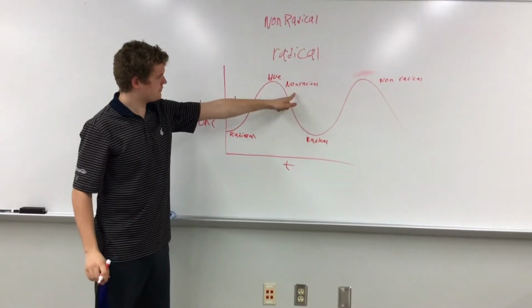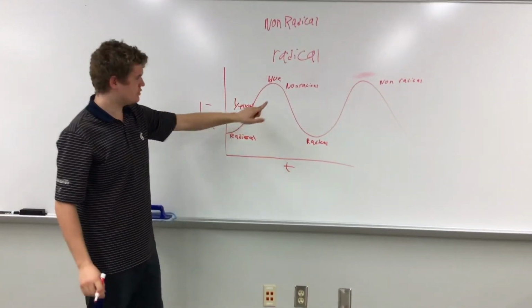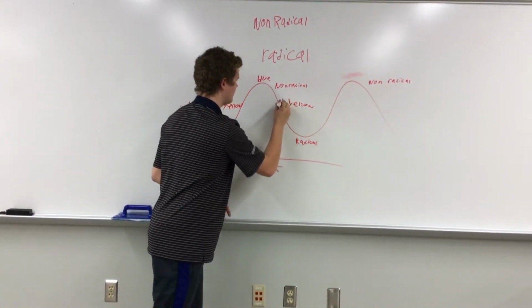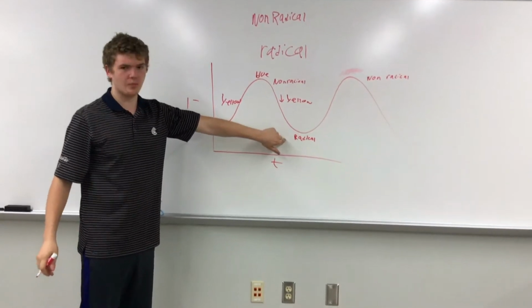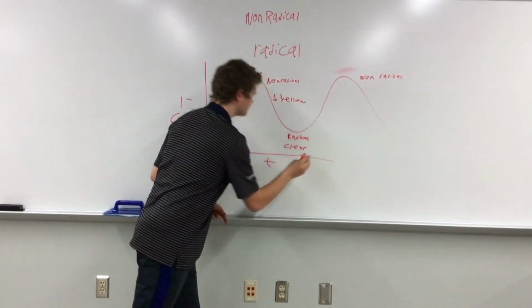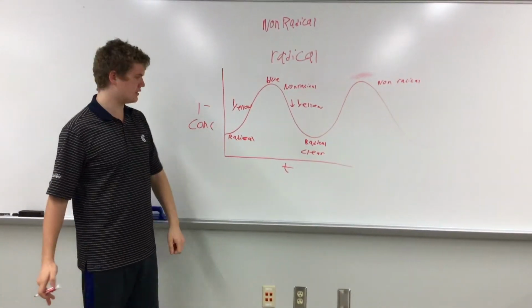Non-radical kicks in, iodide is consumed, yellow decreases until we get down to the radical process, clear, and the whole process continues again.